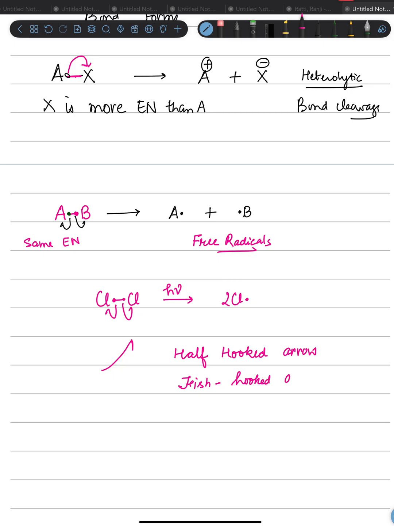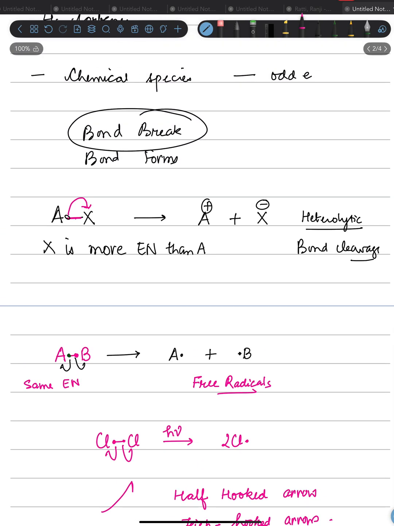This arrow shows the movement of one electron. While if you observe here, I used an arrow which looked like this, a full arrow, which shows the movement of two electrons.